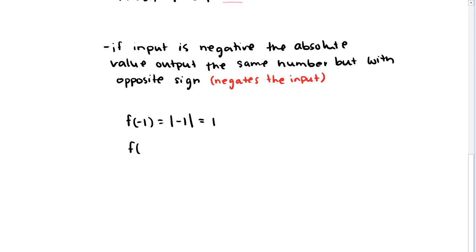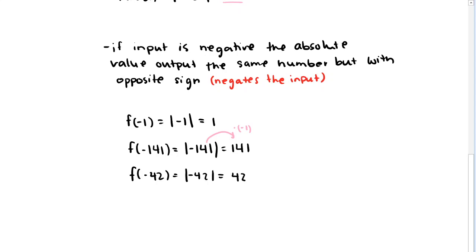Or f of, let's do -141, so our class number. This is the absolute value of -141, and it comes out to be positive 141. What happened here we can think of as multiplying by -1. And in this last example, maybe we'll do f of -42. Taking the absolute value of -42 just negates -42 and makes it positive 42.